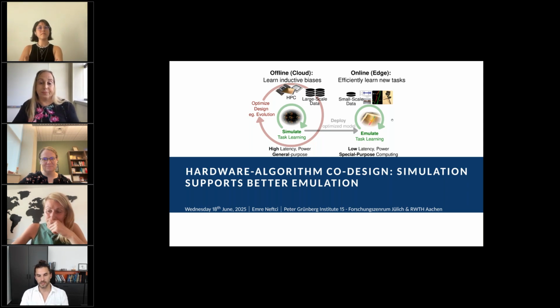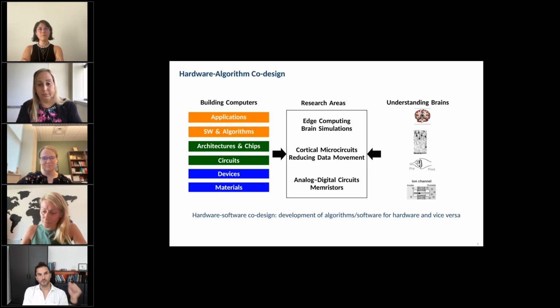As I explained earlier, I'm interested in using neuromorphic substrates for computing, in the machine learning area. What we do here is hardware algorithm co-design, which I think many of us are implicitly doing.